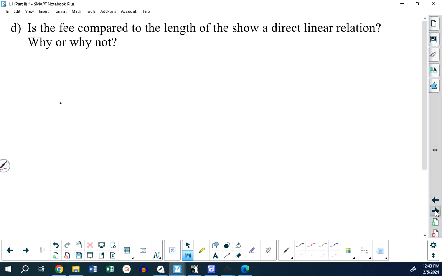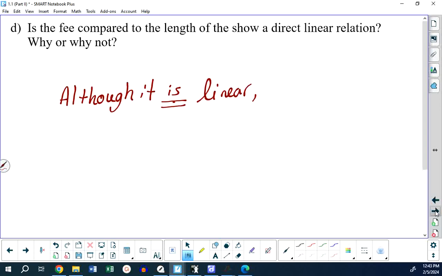So, although it is linear, the relation is not direct.